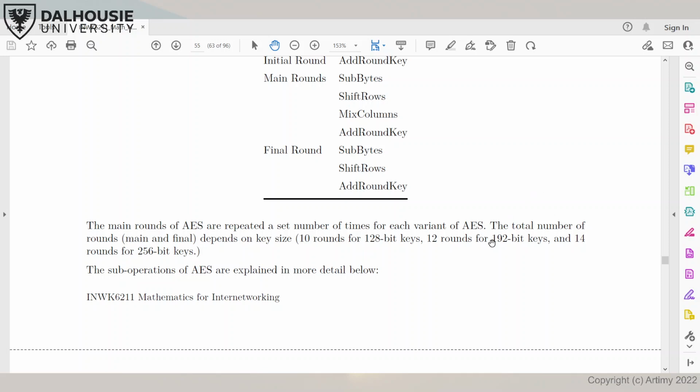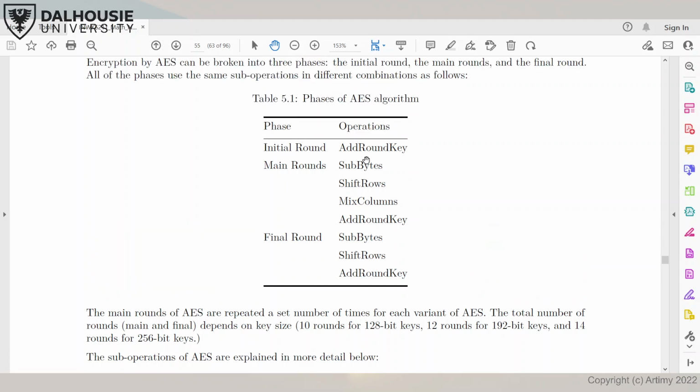The longer the key is, the more rounds we have. Also, we have the phases. We have the initial round, which includes only one operation, the add round key. Then we have the main rounds, from 1 to 9, with all of these operations. And then the final round is the same, except it doesn't have the mix columns step.